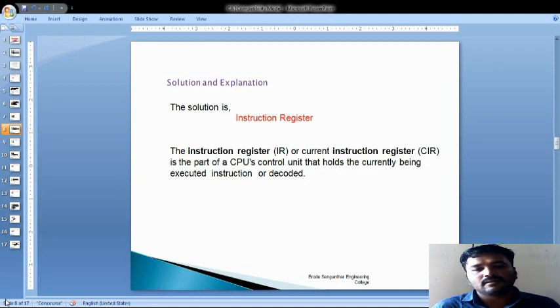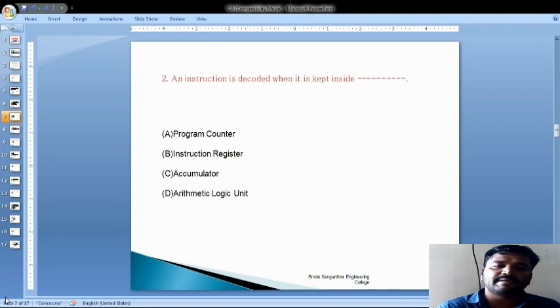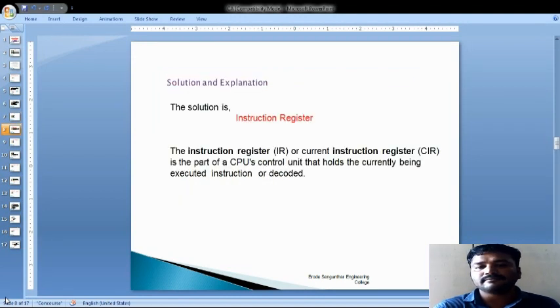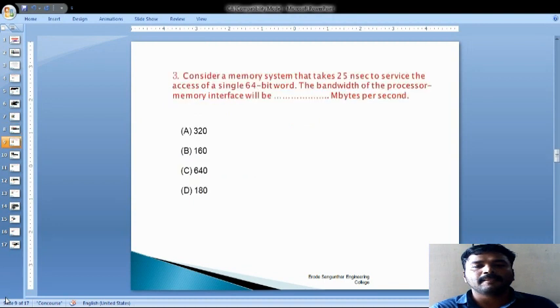It forms part of the CPU's control unit that holds the currently running instruction. Suppose n number of instructions are taking place in a particular pipeline. The instruction decoder's work is to find the currently running instruction in a particular sequence of instructions. So the best answer is that an instruction is decoded when it is present inside the instruction register.